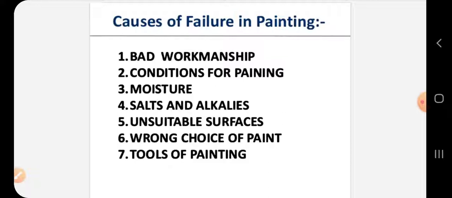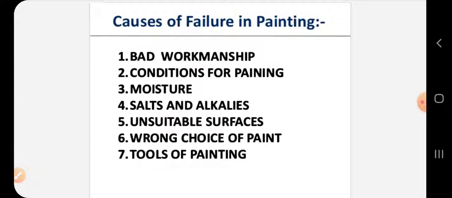Causes of failure in painting. So these are like what can go wrong while painting. Bad workmanship, that is lack of properly trained people who are applying it. Conditions for painting. What are the conditions? Here it is painting, not painting.